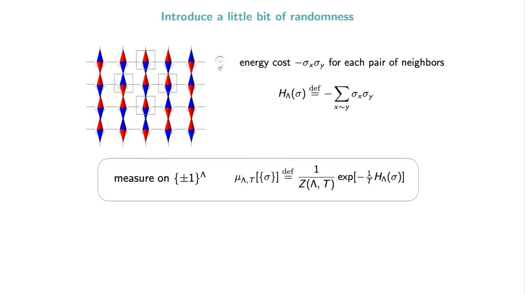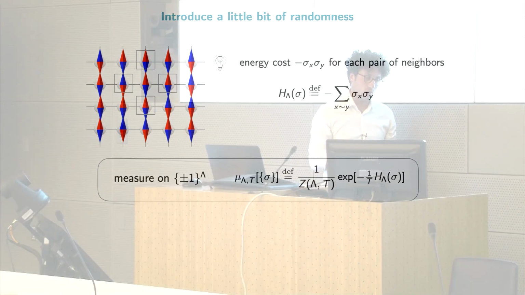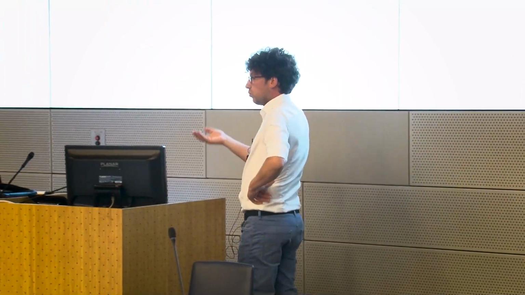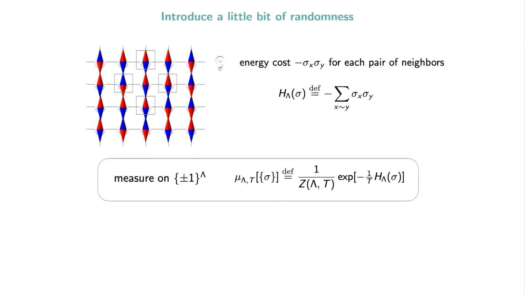But what is clearly reasonable is to expect that they will care about their neighbors much more than other small magnets. So in first order approximation, it's reasonable to expect that it's only going to align with the nearest neighbors. Okay, and once you have this energy, H lambda of sigma, then the probability of a configuration is going to be proportional to exponential of -1/T times the energy. That's what you would get naturally.